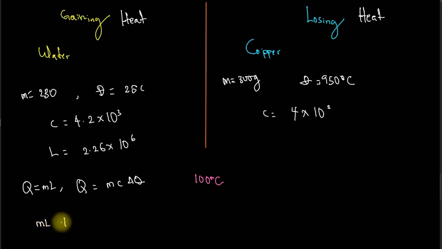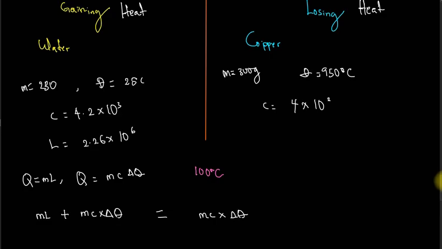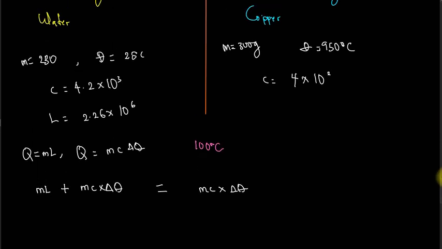So ml plus mc change in temperature is equal to total heat gained. Total heat lost, sorry, from copper. So from copper, we're also going to have mc times change in temperature only. Copper does not have latent heat in this case.